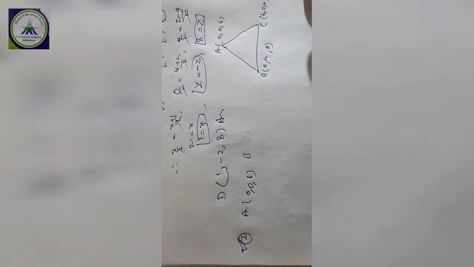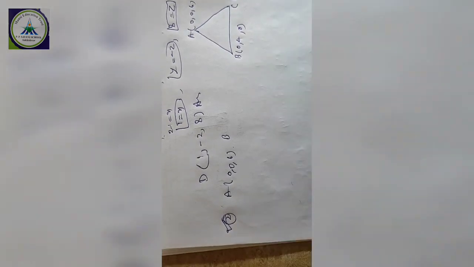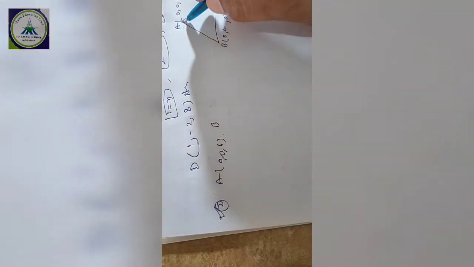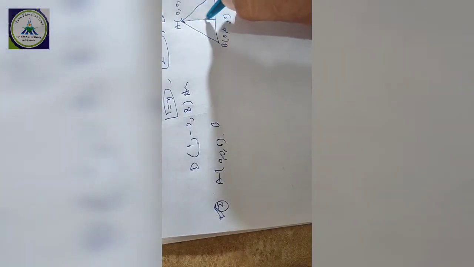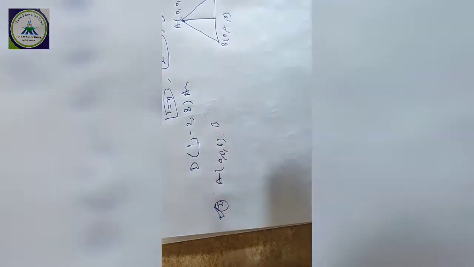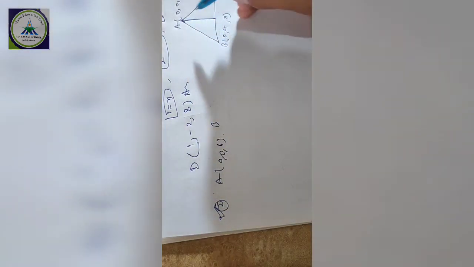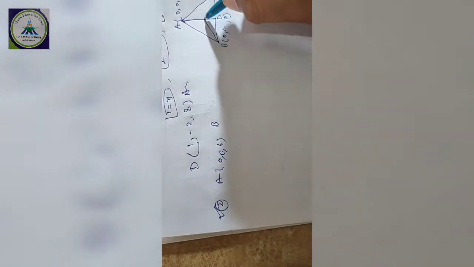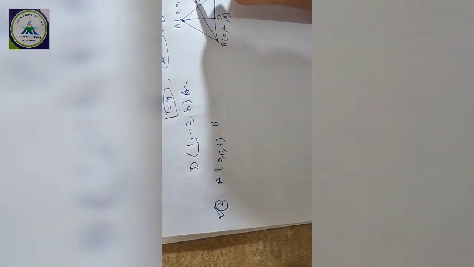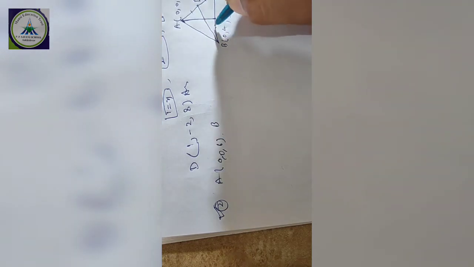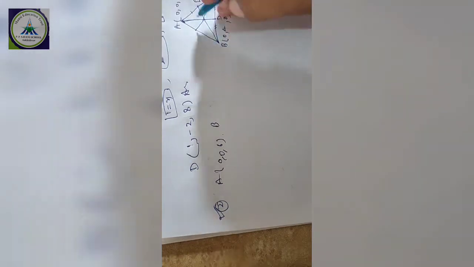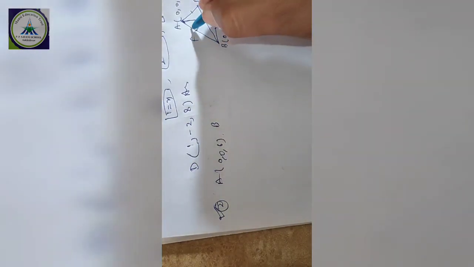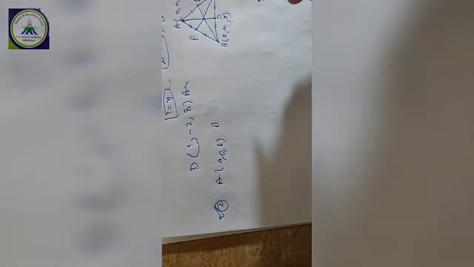Using this formula, median: joining the midpoint of the opposite side to the vertex is called a median. This is a median, this is also a median, and this is also a median, CF. So to find the medians, firstly find the midpoints of AB, BC and CA.